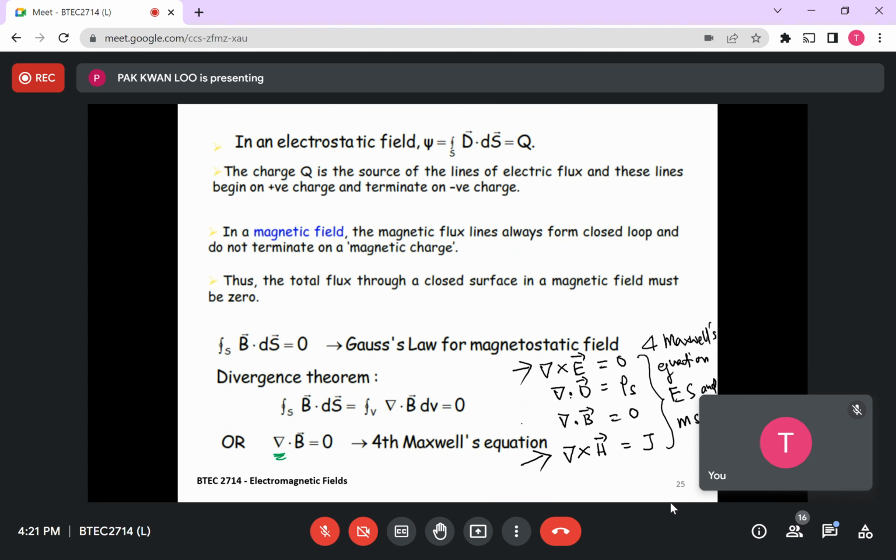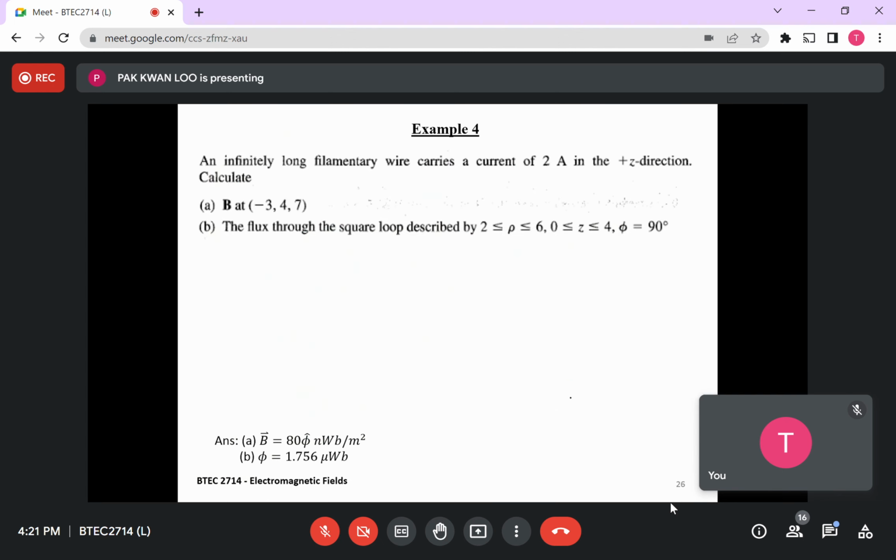Okay, let's look at one last example. We have an infinitely long filamentary wire that carries a current of 2 ampere in the positive z direction. Calculate B. What is the magnetic flux density at this point? I want you to try this first before I write down my solution.